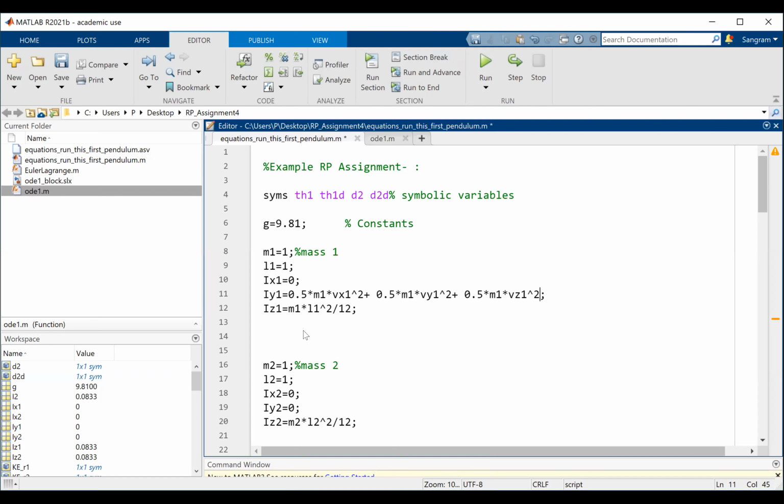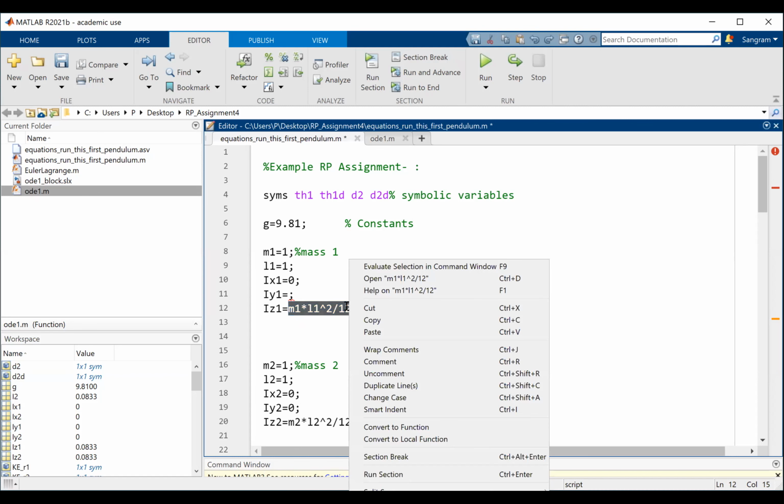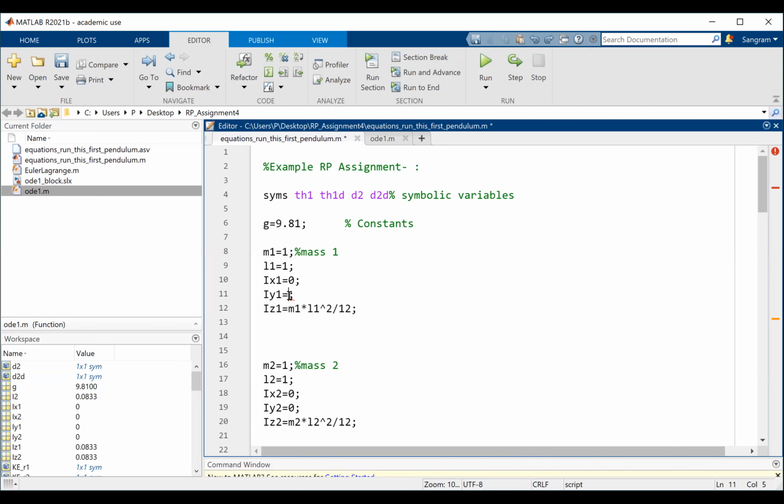Some of you may ask me, where did this come from? For that, I want you to refer to the mass moment of inertia equations that I derived in the last class. You will remember that Iyy is L1 square plus H1 square multiplied by M1 divided by 12. This is an important point, so I need to clarify.